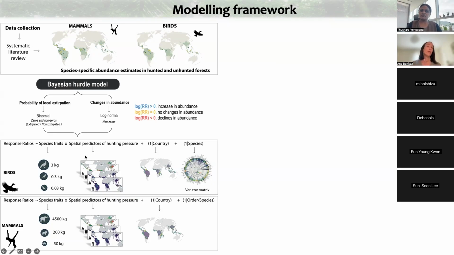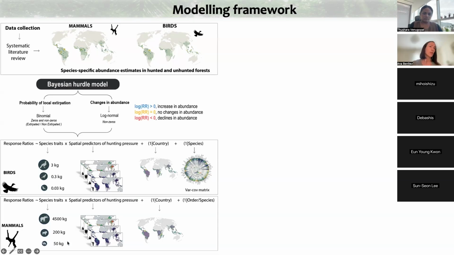So we had the distance to hunters' access points and travel time, but also human population density. We had poverty levels. We had also net primary productivity of the forest, a series of predictors that we knew could more or less modulate hunting pressure or the reliance of local communities on wild meat.